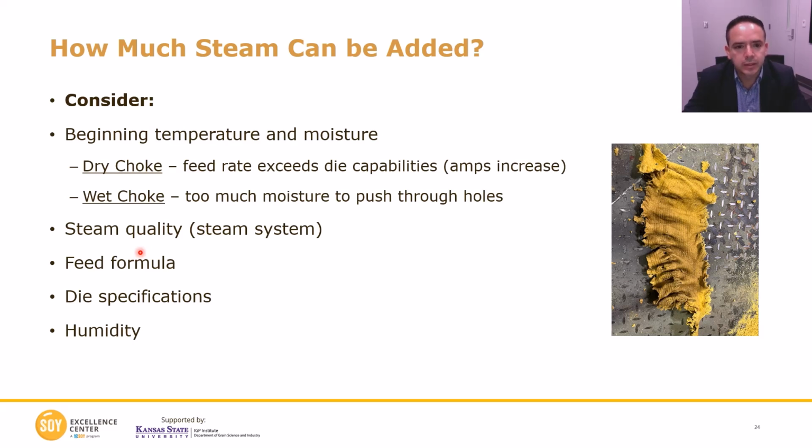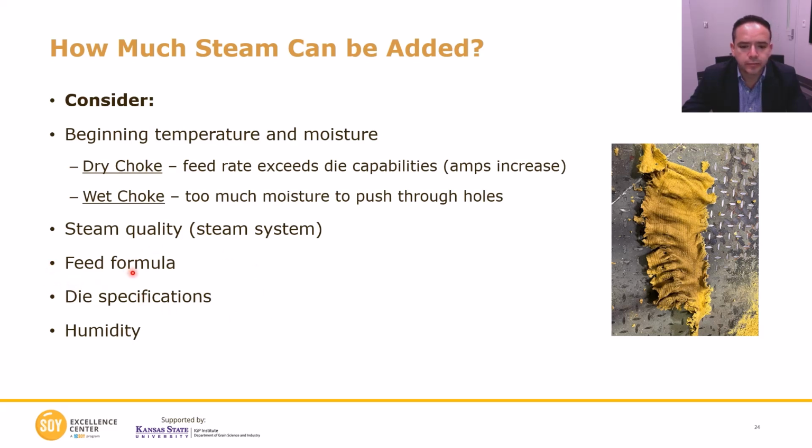One thing that I was going to say is, if you have problems with poor steam quality, then you need to check the steam traps in the feed mill. Make sure that the steam traps are removing the condensates, and also you need good insulation of the steam transfer system from the boiler to the pellet mill. Feed formula is also going to influence.